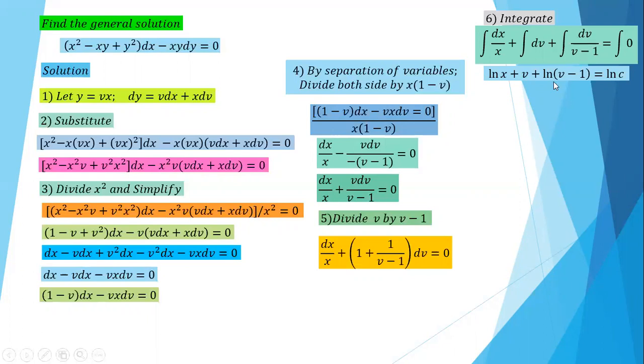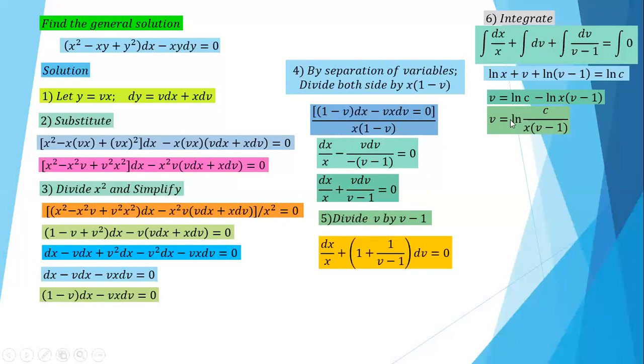So we have now the ln of v minus 1, which is also equal to ln of c. Then v equals ln of c minus ln of x times v minus 1. So we simplify this and transpose to the other side. Then we have v equals ln of c over x times v minus 1.